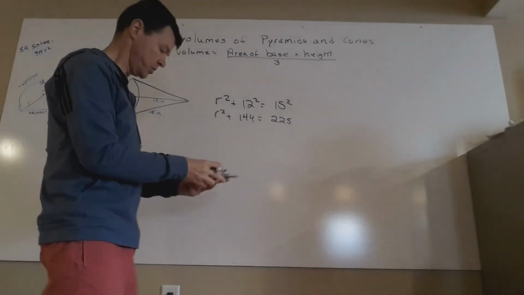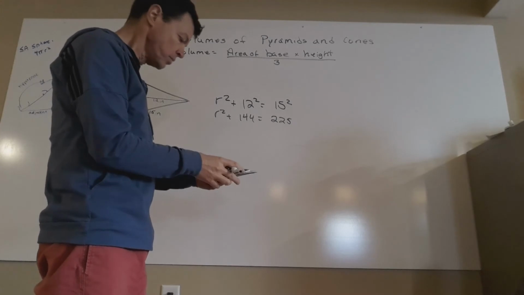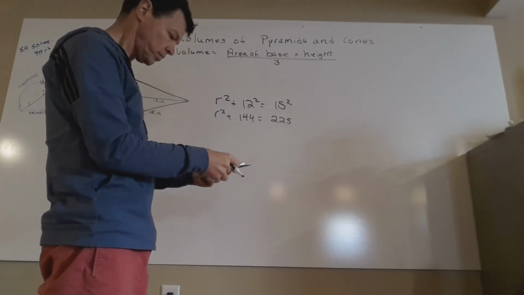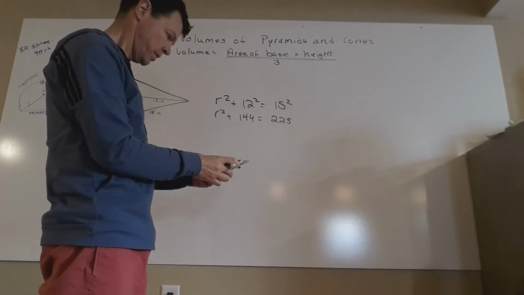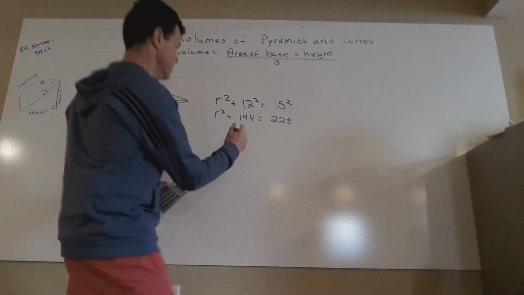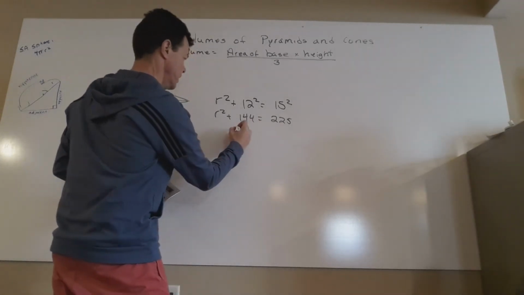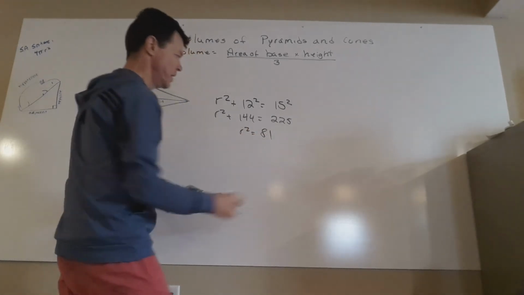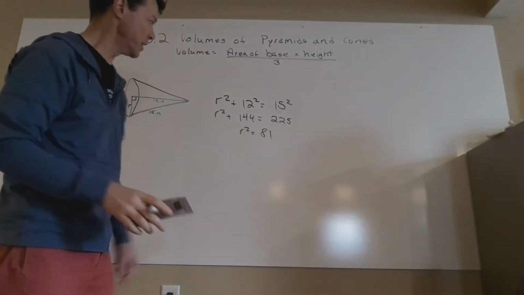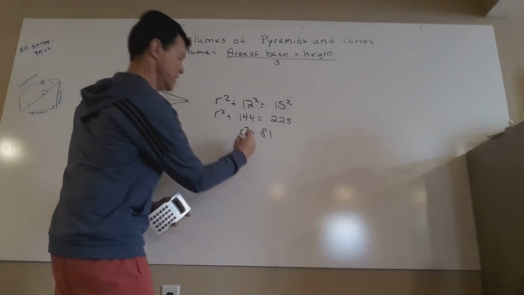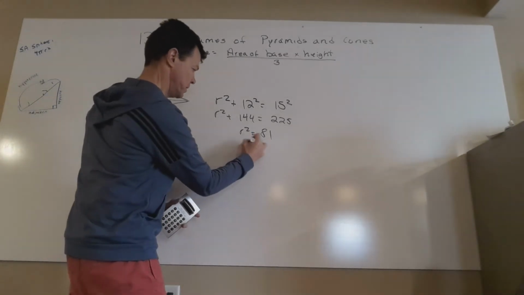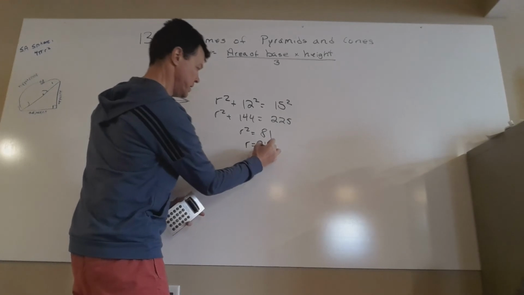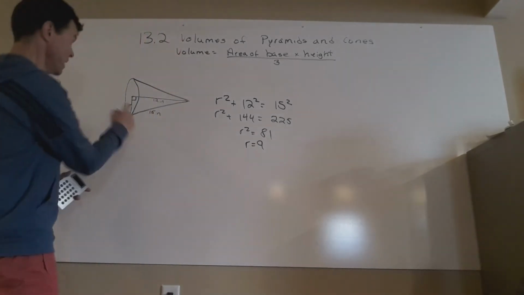I like to just double check my math. We have 81. Well, that's easy enough. R squared equals 81. And it even is nice that it's a perfect square also. Take the square root of these. R equals 9. So our radius here is going to be 9.